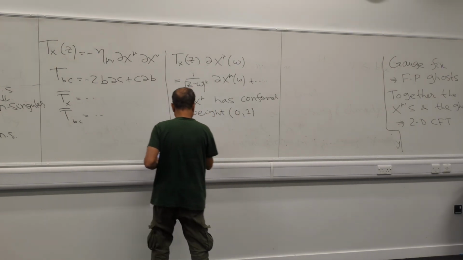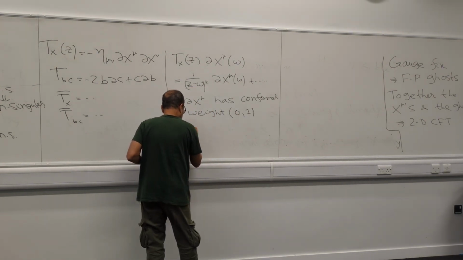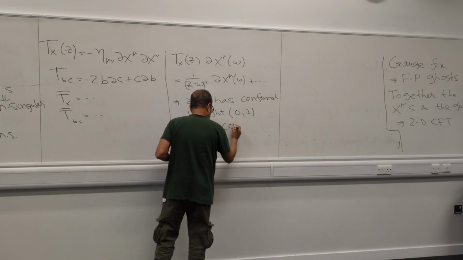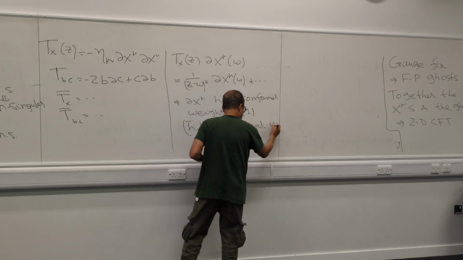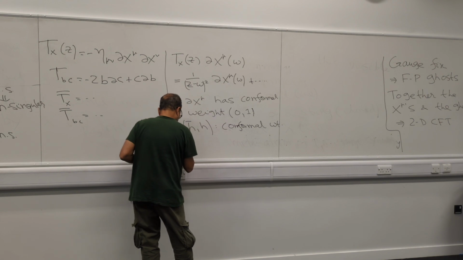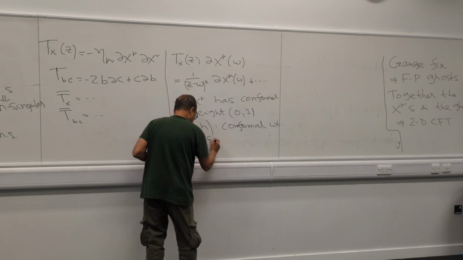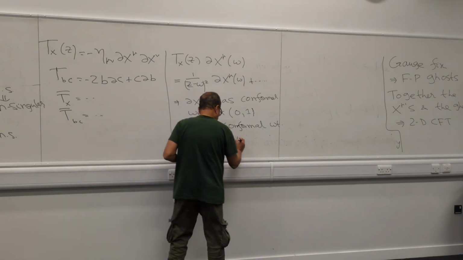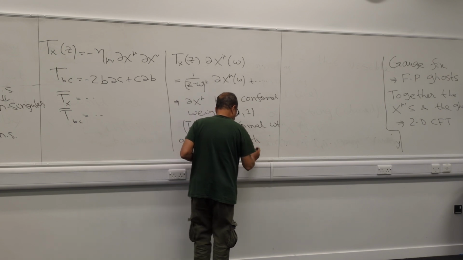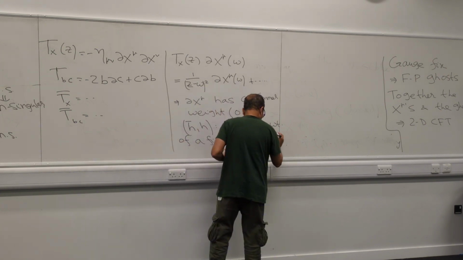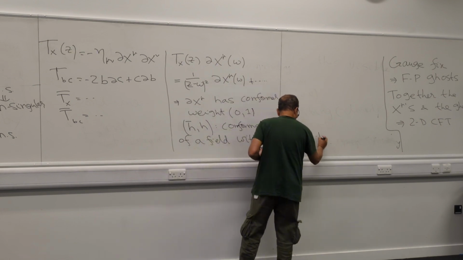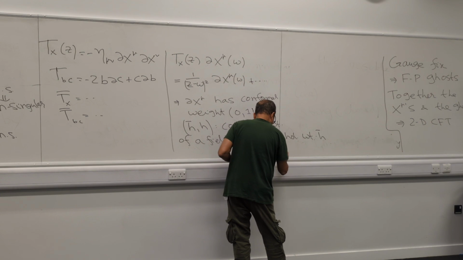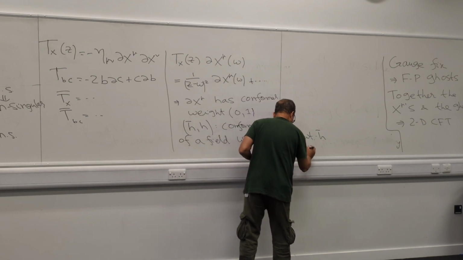So in general h bar, h is the conformal weight of a field with anti-holomorphic weight h bar and holomorphic weight h. That will be the convention that I'll be using.